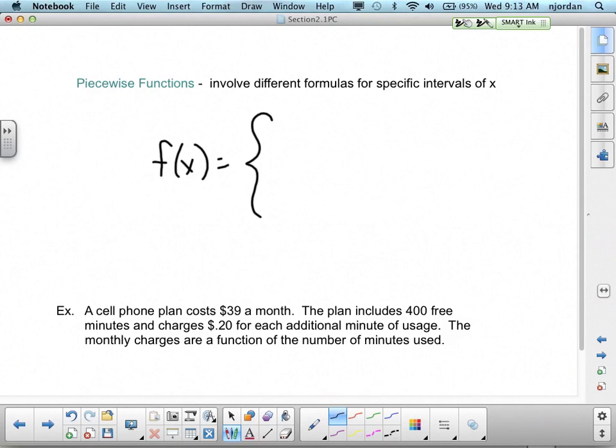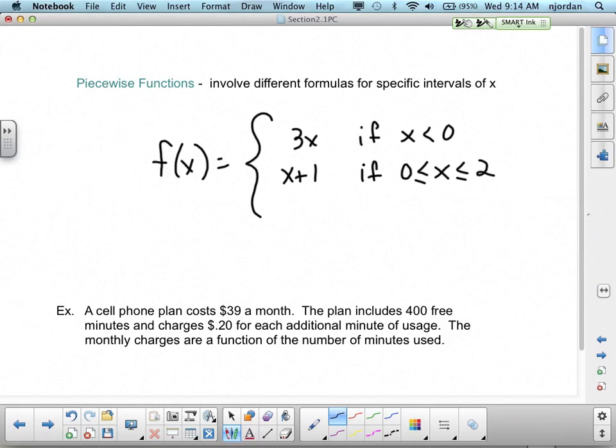We might have something like f of x equals 3x if x is negative. It could equal x plus 1 if x is between something like 0 and 2. And then we can even have something else for when x is greater than 2.